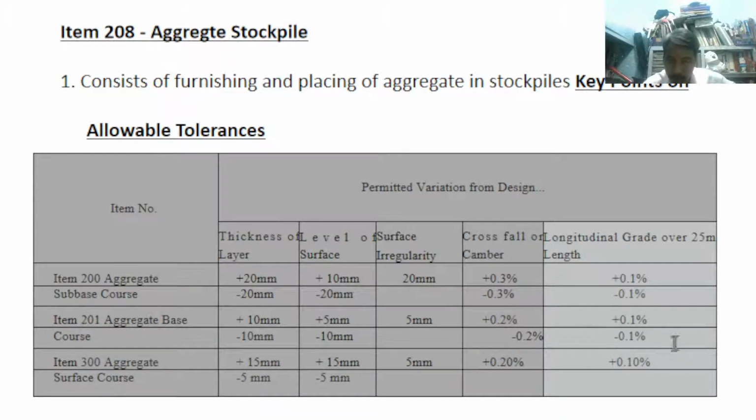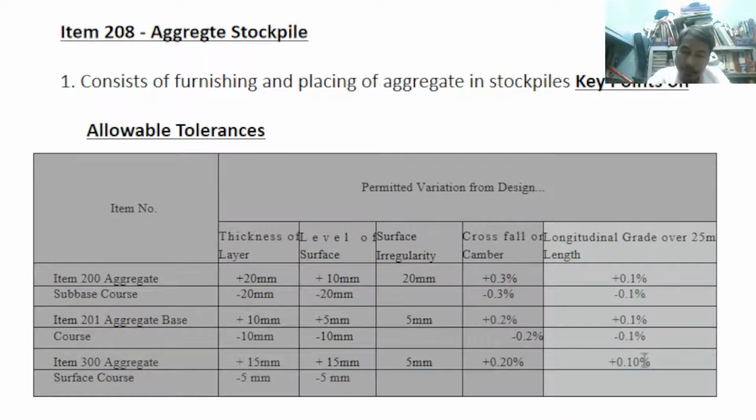So grade longitudinal over 25 meters plus minus 0.1%. Everything is plus minus 0.1% except the surface course, it is only positive 0.1%.